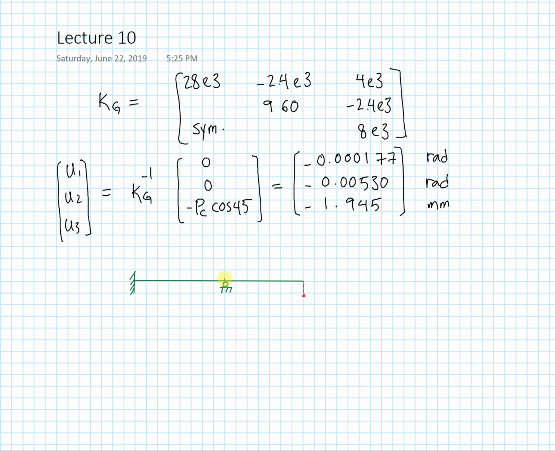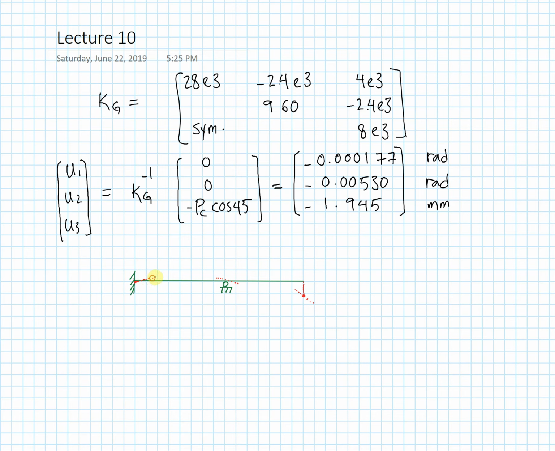We also realized that there is a negative rotational degree of freedom. So negative is clockwise in this case, because we identified positive rotation with the counterclockwise motion. Okay, and at the location of the fixed end, we have no rotation.